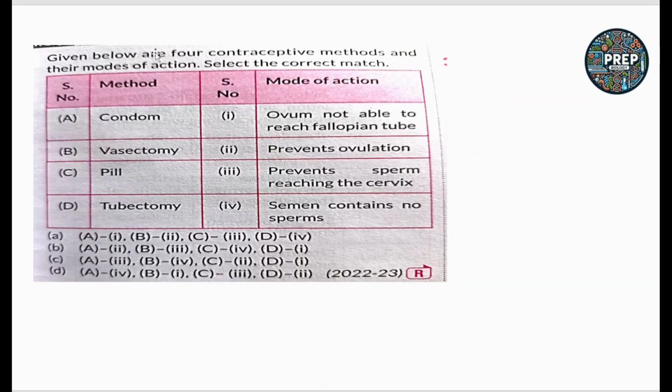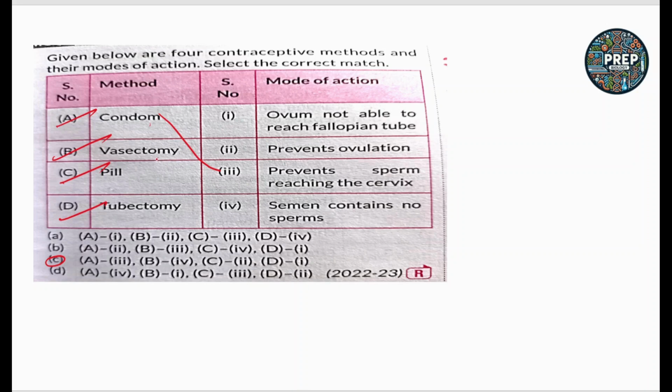Next question is, given below are 4 contraceptive methods. You have contraceptive methods like condoms, vasectomy, pills, tubectomy. You all have to match the mode of action. The condoms are used to prevent the sperm from reaching the cervix. Next is vasectomy.